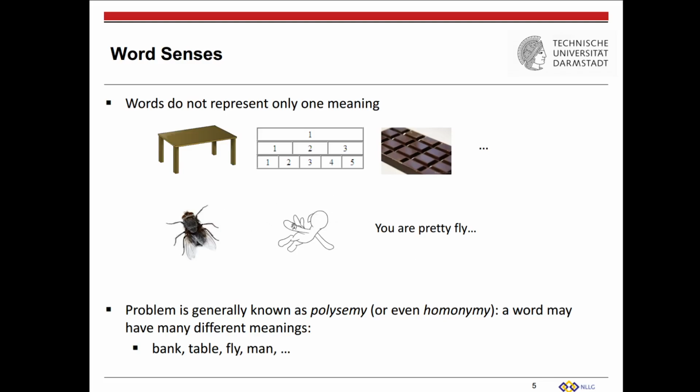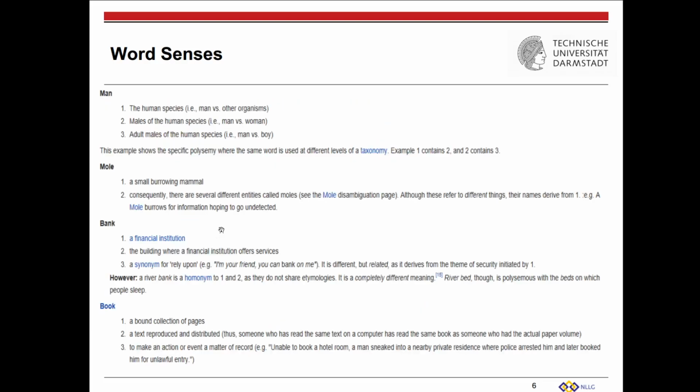These are obviously quite related to each other, but there are also cases where there's absolutely no relation at all. One of these cases we've already seen. The modal verb can and the noun can are probably not related at all, not even historically. And the same is probably true of the adjective fly and these two meanings here. So homonymy is a case where the different senses are not related to each other.